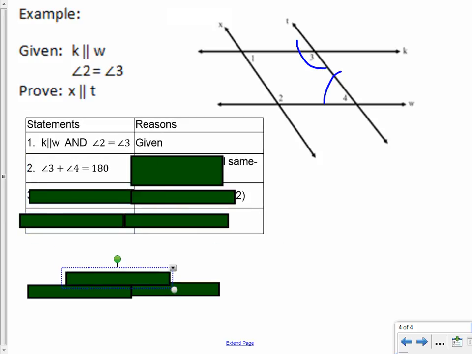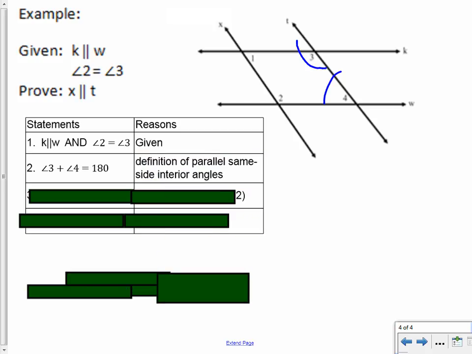So 3 plus 4 have to equal 180. And again, why do we know that? Because that's the definition of parallel same side interior angles. Okay, that was actually from our last lesson. Because we know K and W are parallel, then the same side interior angles that they make have to be supplementary. They have to equal 180.